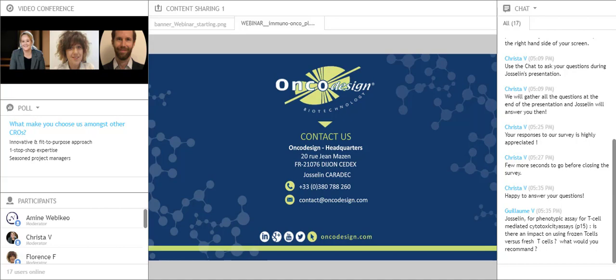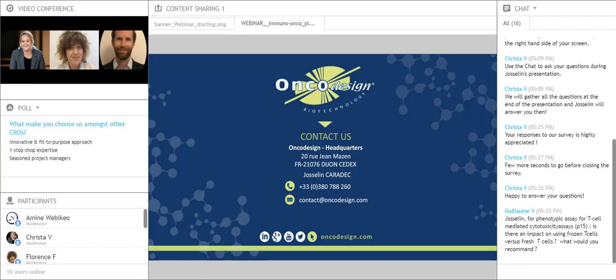Okay. Well, usually you have to test both. So far, for T-cell mediated assays, we have tested T-cells that were frozen, but in different other assays and during the validations, we compared fresh and frozen ones, and we couldn't see any difference.